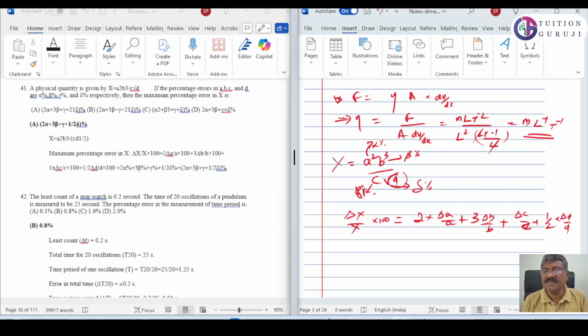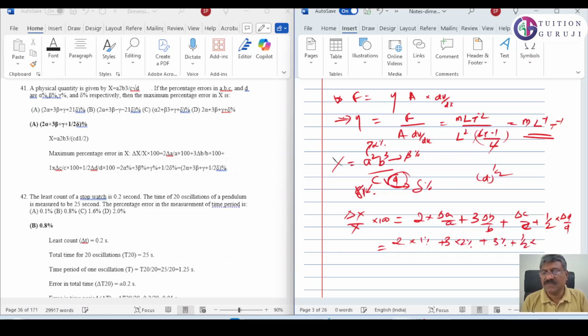Why is it half? Because it is actually square root of D, and square root of D means D raised to half. So it will be 2 into 1 percentage plus 3 into 2 percentage plus 3 percentage plus half into 4 percentage. So it is 2 plus 6 plus 3 plus 2, which is 13 percentage.